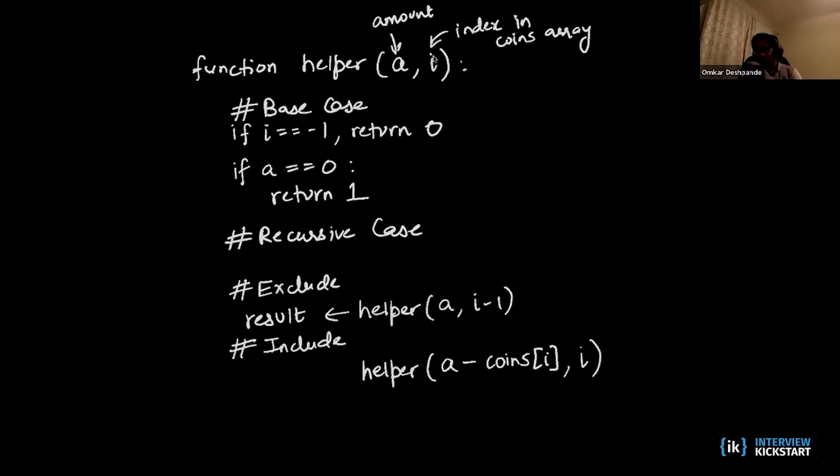So my I index does not change. This is analogous to picking a value from the left, and the exclude is analogous to picking the value from above me. Whatever the values are, I add them to the result and then return the result. This is the helper function. This is what a general worker in the hierarchy is calculating.